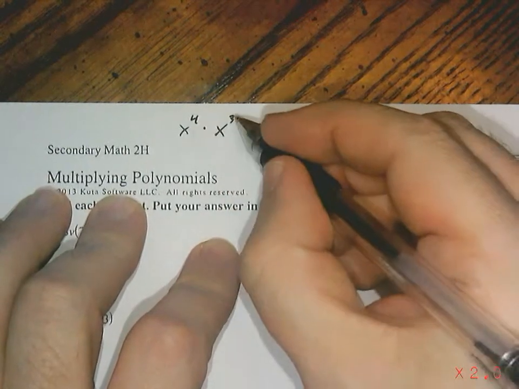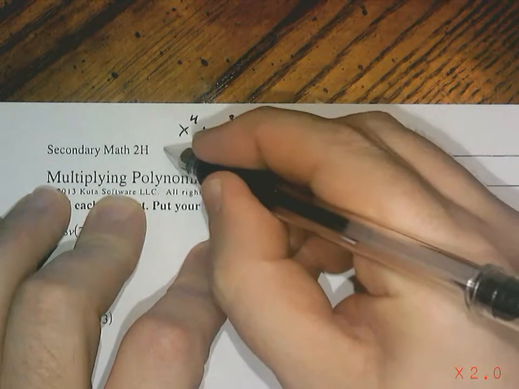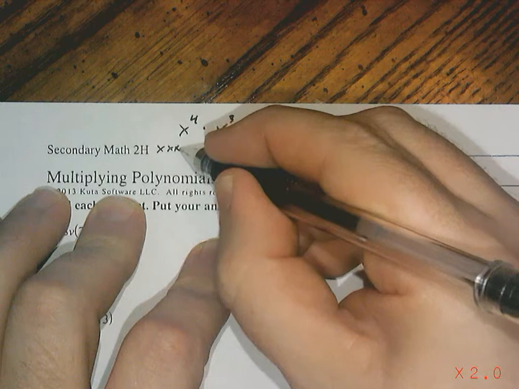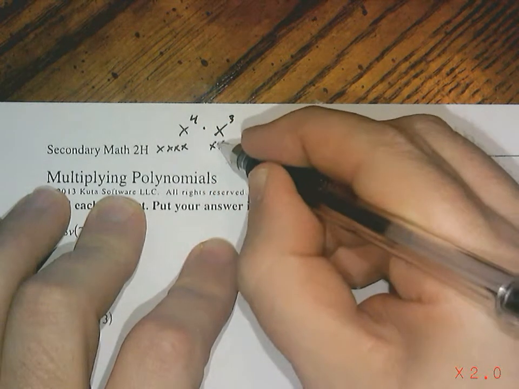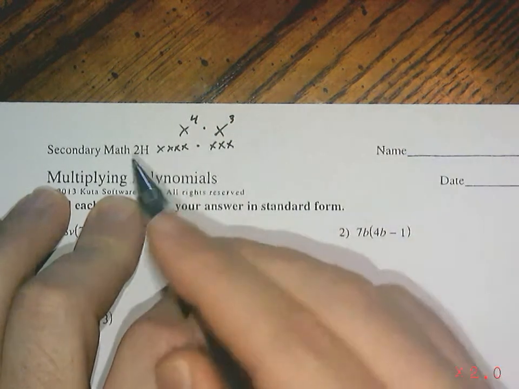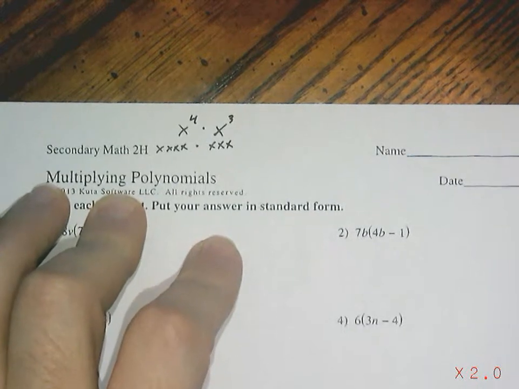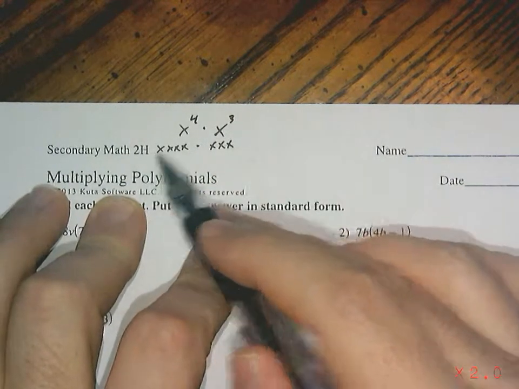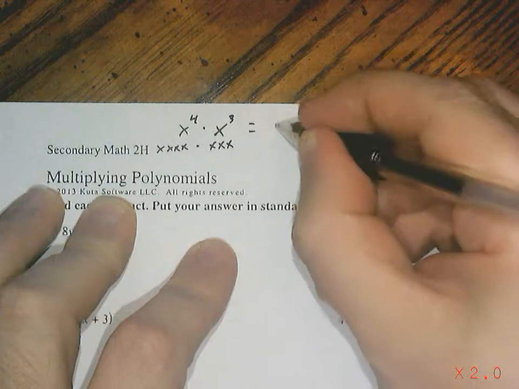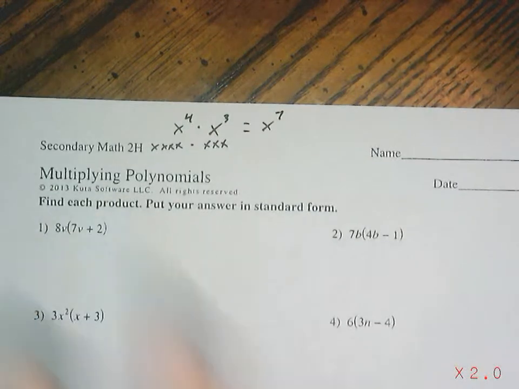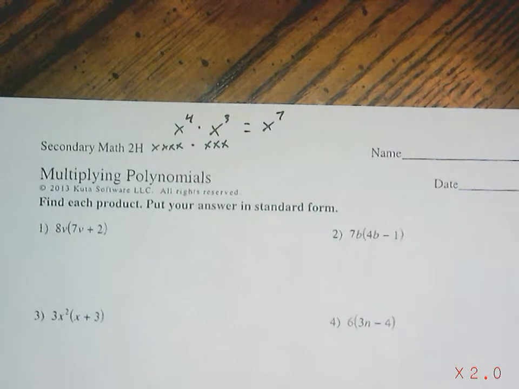Well, you just add the exponents, right? Because basically this is 4 x's, and this is 3. So they're all multiplying together. If you think about that, that's the same as multiplying x by itself 7 times. Okay? So that'll help you as we go through this.